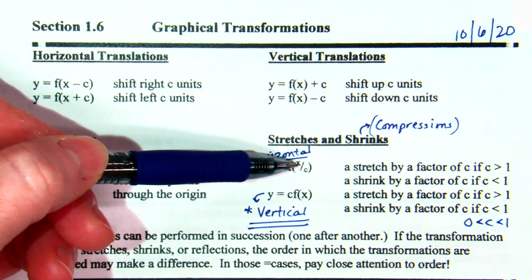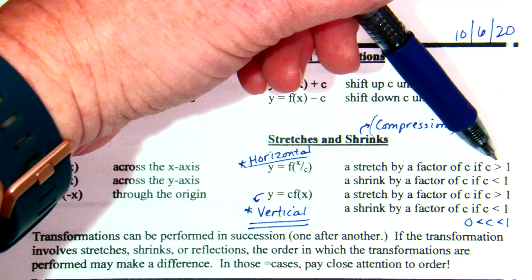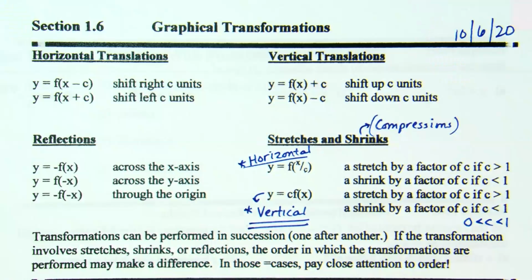The idea of horizontal is a little bit different, because this says if x is divided by a value, and that value is greater than 1, it's a horizontal stretch. Now think, what does a horizontal stretch mean? That means if I'm horizontally stretching something, I'm making it wider.